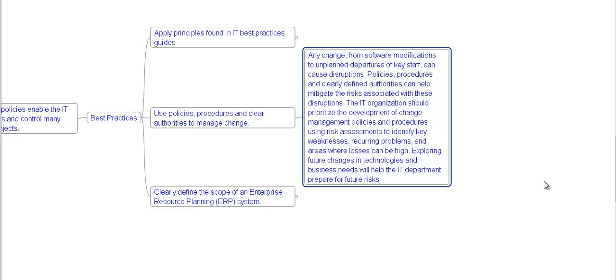The IT organization should prioritize the development of change management policies and procedures using risk assessment to identify key weaknesses, recurring problems, and areas where losses can be high. Exploring future changes in technologies and business needs will help the IT department prepare for future risks.